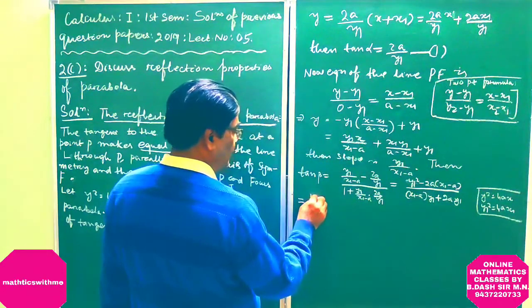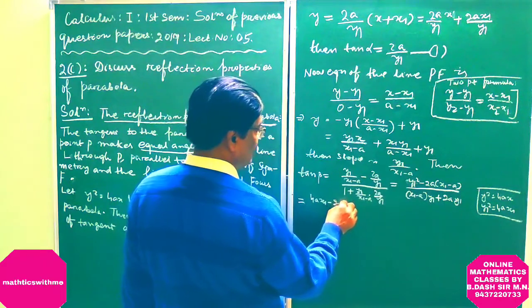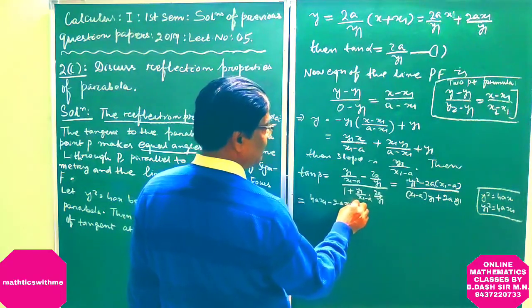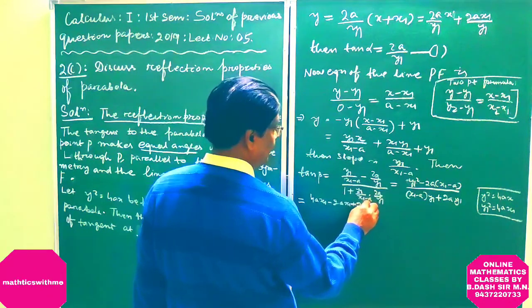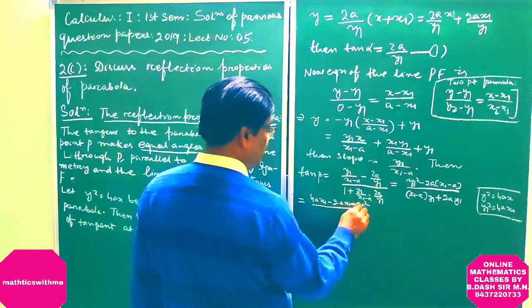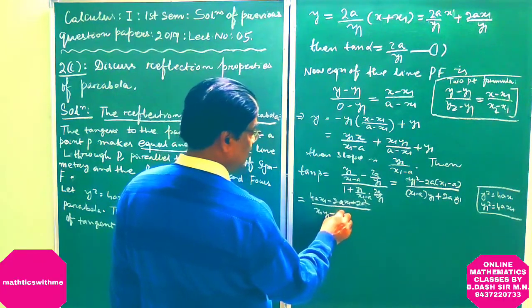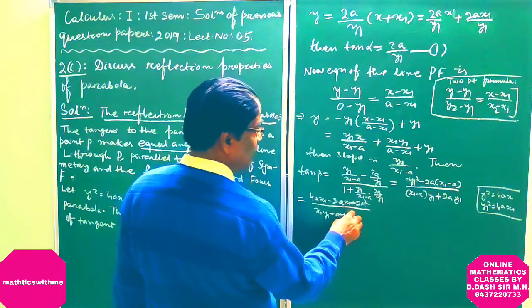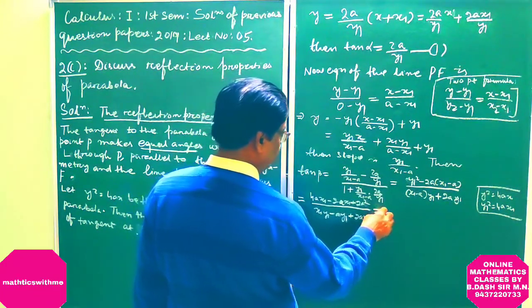So you can write 4a x1 minus 2a x1 plus 2a square, divided by x1 y1 minus a y1 plus 2a y1.